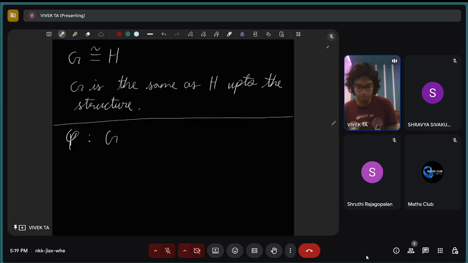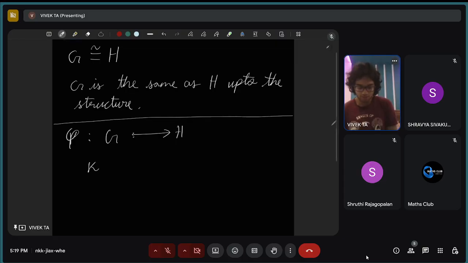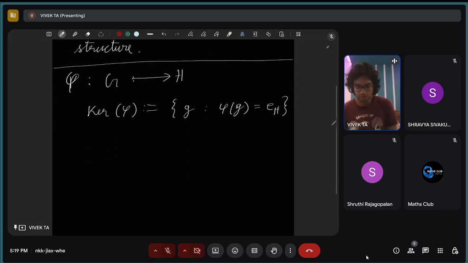Given a homomorphism phi of group G to H, we defined the kernel of phi as the set of all elements in G such that phi of g equals the identity element in H. This is essentially how we define the kernel.